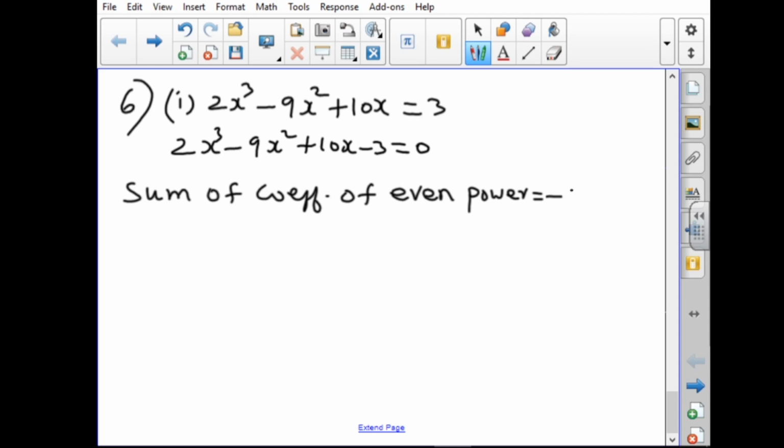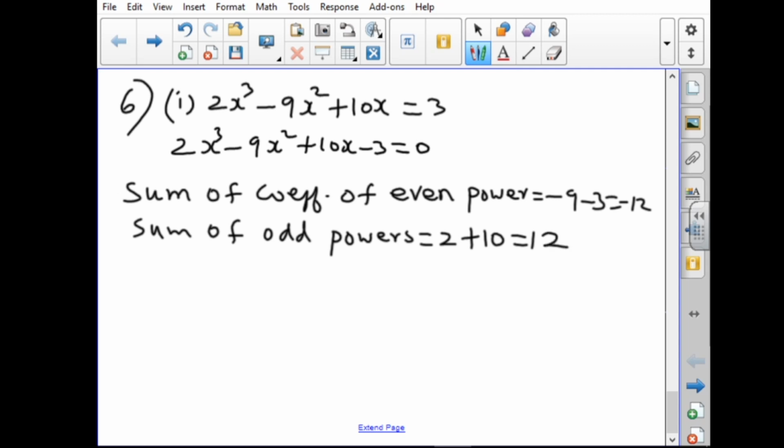So we get minus 9 minus 3, which is equal to minus 12. And sum of the coefficients of odd powers: 2x cube, that is 2, plus 10, this is also 12.